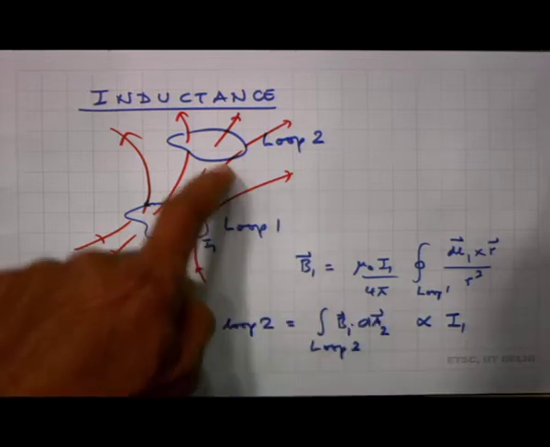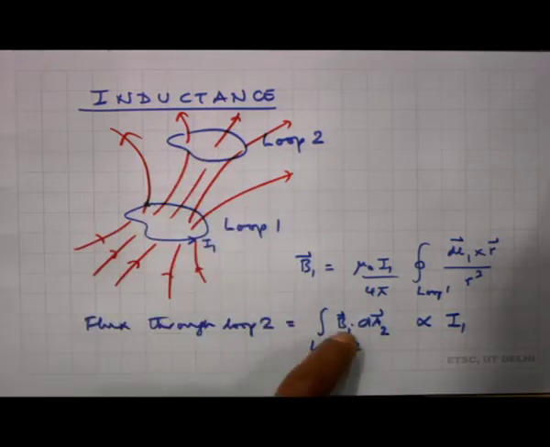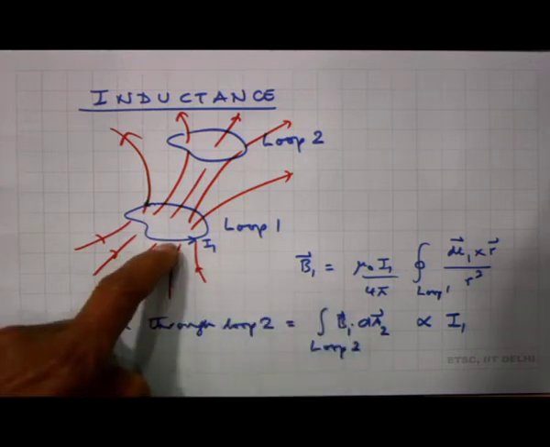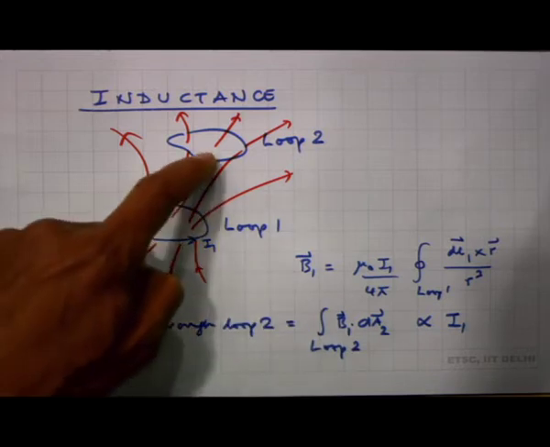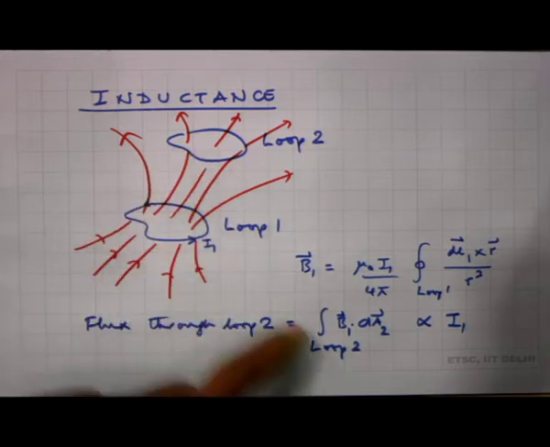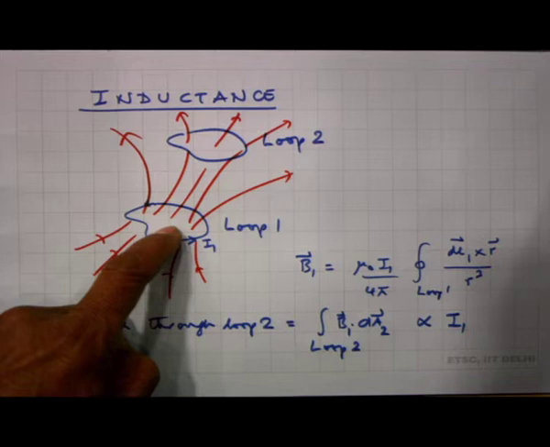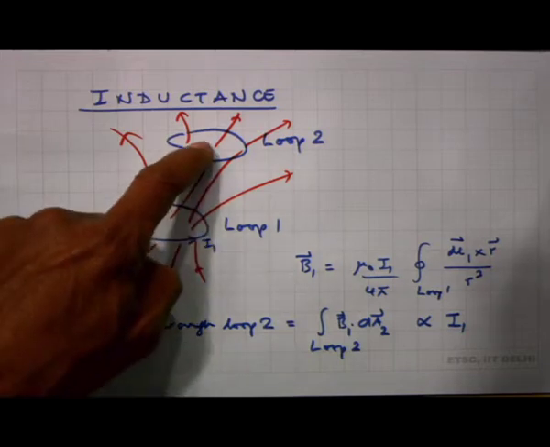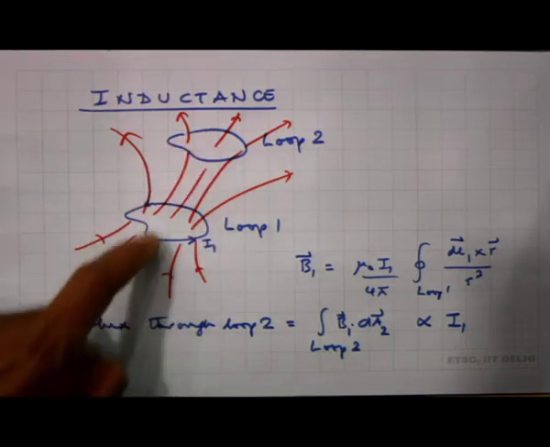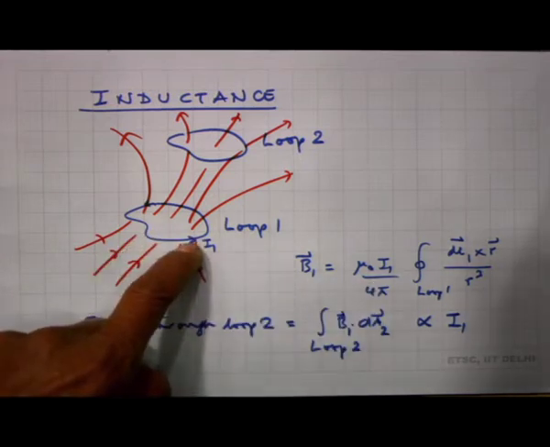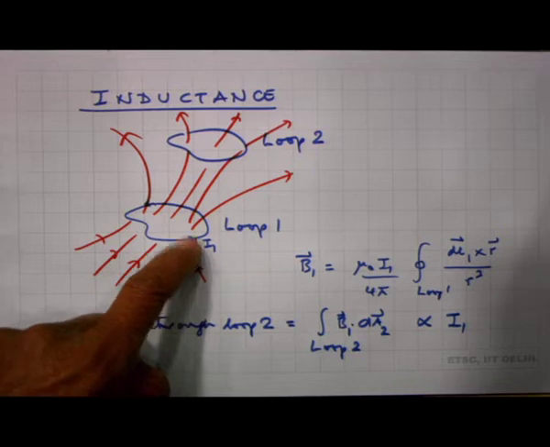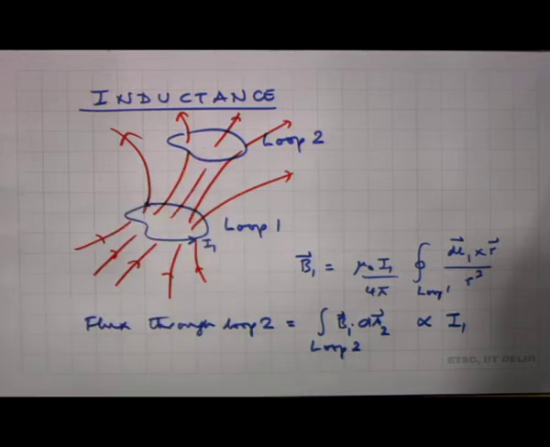So, I am integrating over the area of loop 2. The magnetic field produced by the current I 1 in loop 1 is B 1. Loop 2 is placed somewhere close to loop 1. So, some of the magnetic field lines generated by loop 1 pass through loop 2. The magnetic field generated by loop 1 is proportional to current I 1 passing through loop 1, and so the magnetic flux passing through loop 2 is proportional to the current I 1.